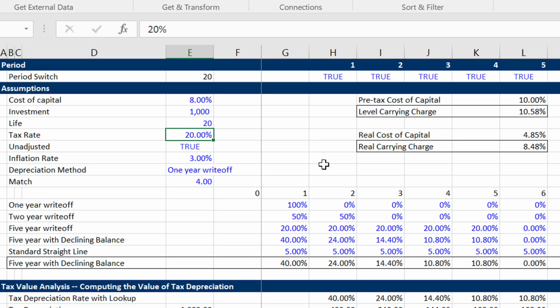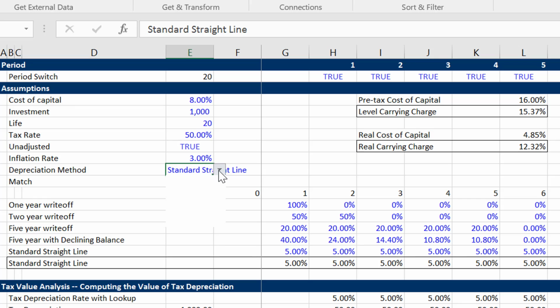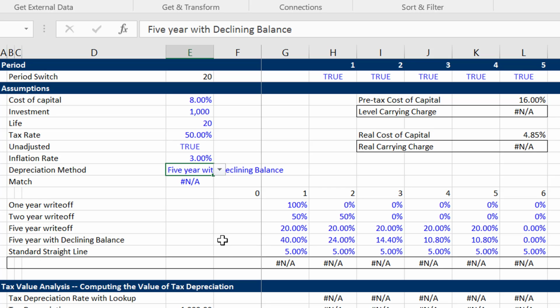Remember how the tax rate went up, and if you change it to 10% or even 0%, if you get a 1-year tax write-off, it doesn't kill you nearly as much as if you had the old straight line depreciation.